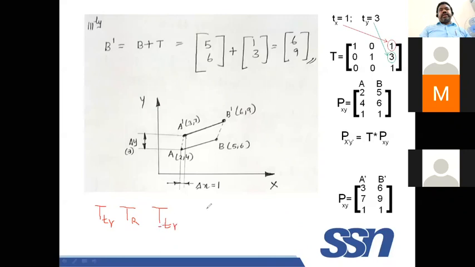One particular lamina, I am supposed to rotate it with respect to 2, 2, for instance. In this case, I have to make the 2, 2 point coincide with the origin. That is what this operation is. Next one, rotation with respect to a particular angle. Third one, after doing that, I have to bring the object to its original position, the 2, 2 position. So in this case, this will be the resultant transformation matrix.